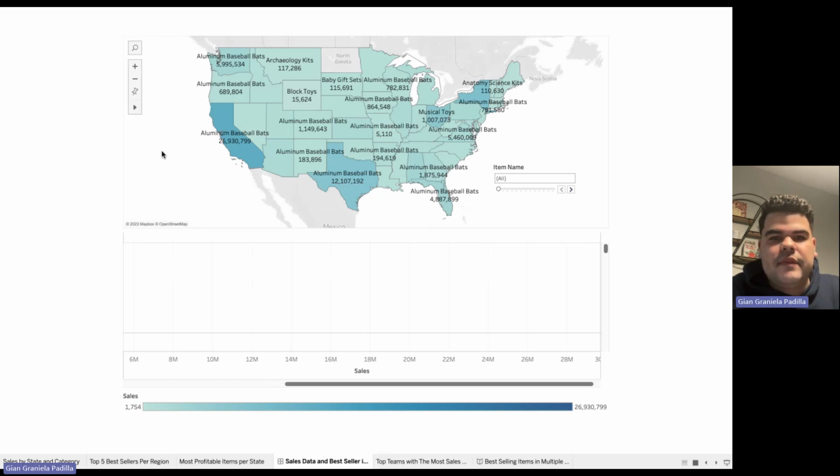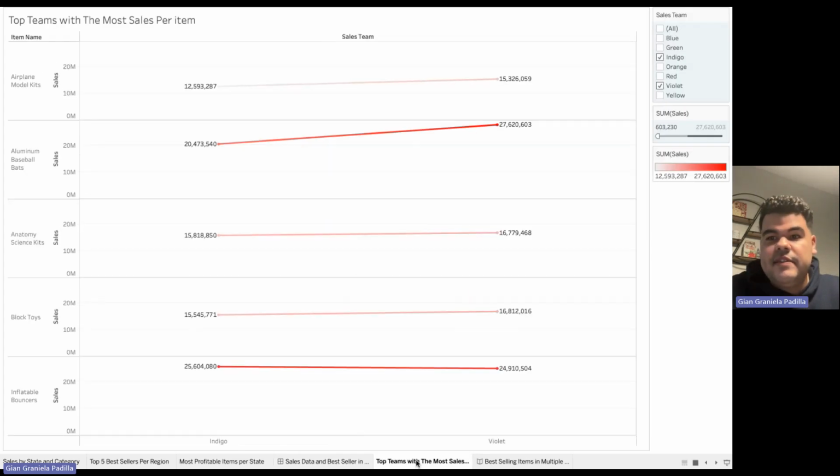And then I decided to talk a little bit more about what could be the cause of some states performing better than others, some of them having better sales. So I decided to look at the data for the sales teams, and I talked more about the indigo and the violet sales teams because they seem to be outperforming all the other teams.